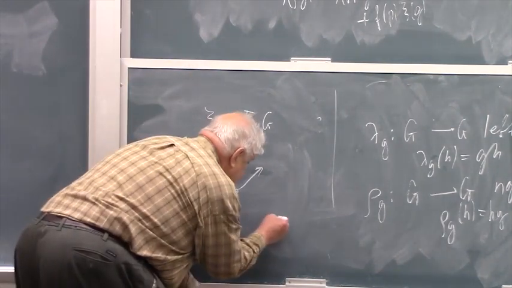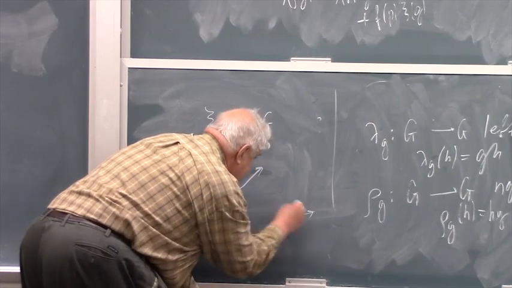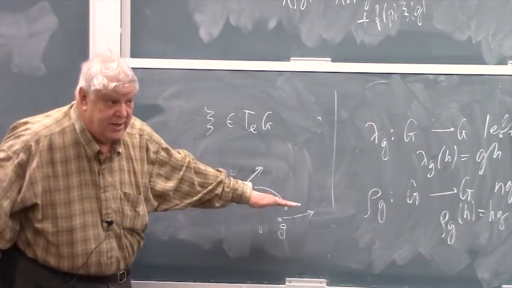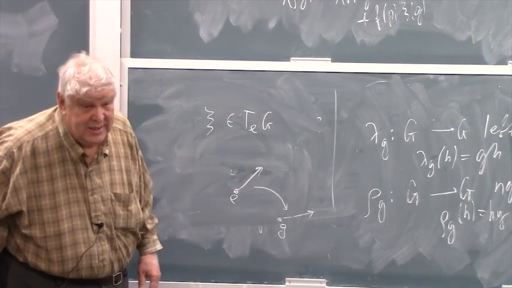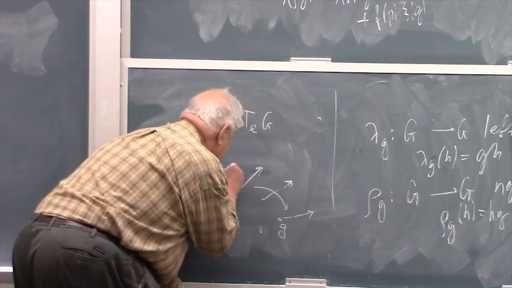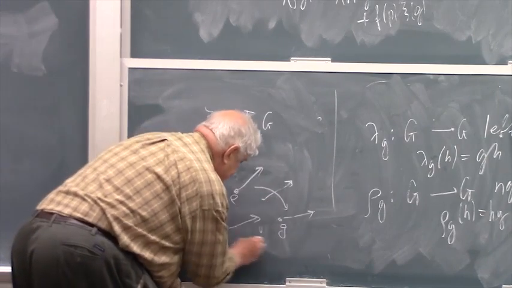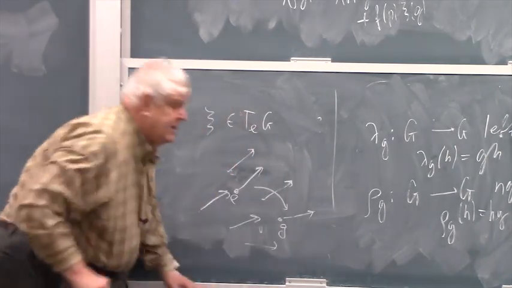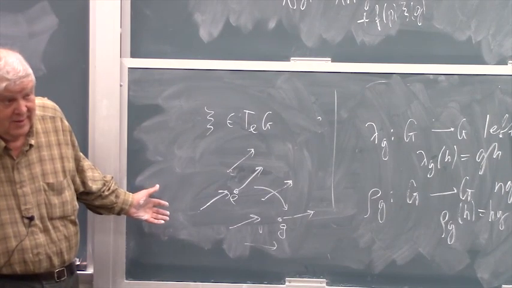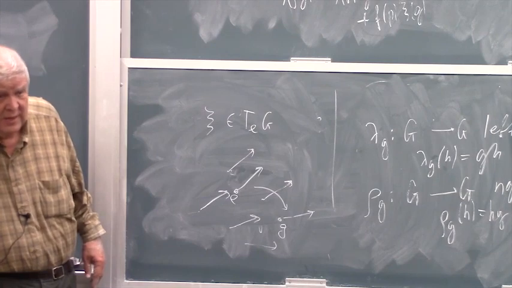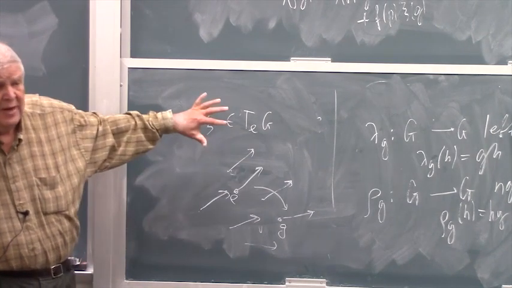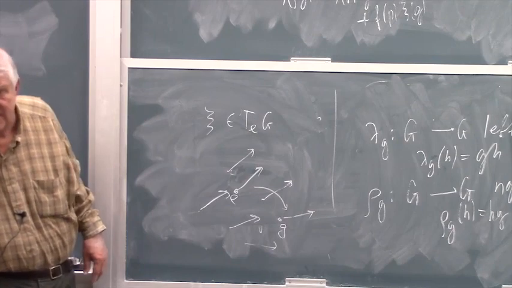So I take g, and this vector by left translation is translated into some tangent vector at g. And this is for every g. What do we get? We get a vector field. And this vector field is left invariant, which means that every left translation of the manifold takes this vector field into itself.